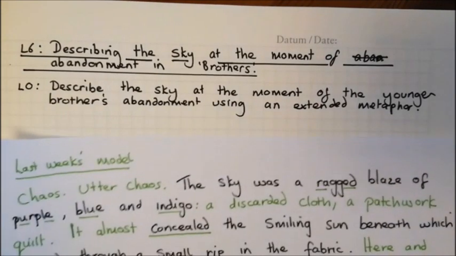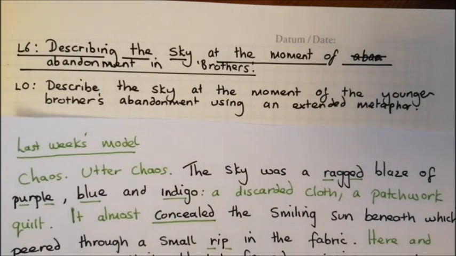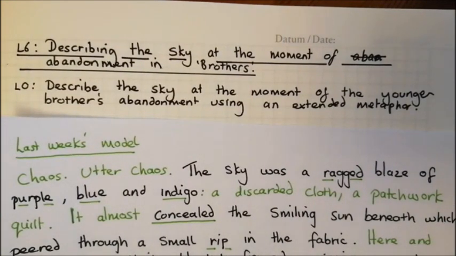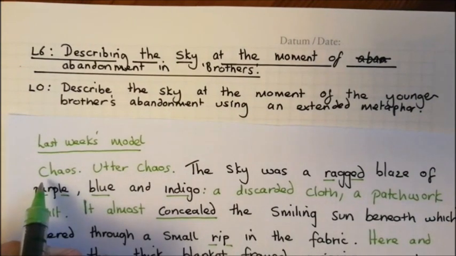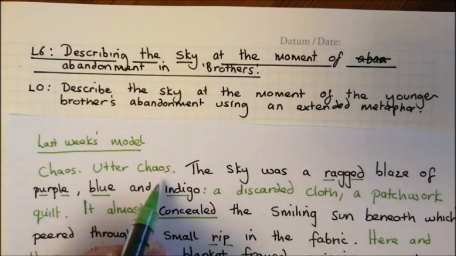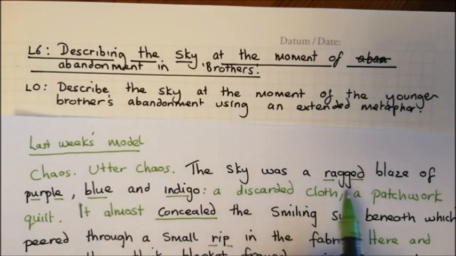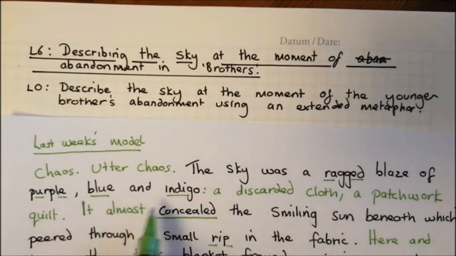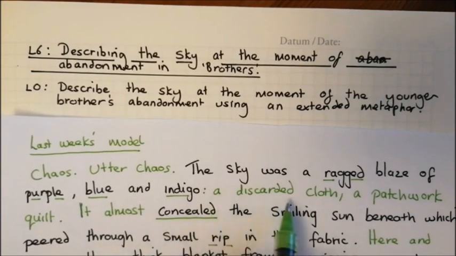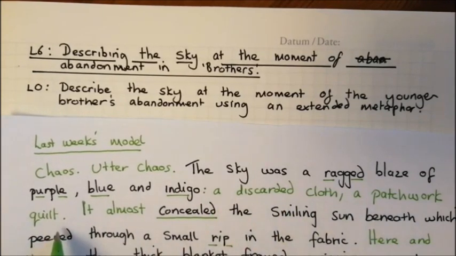And I just want to take us back to last week's model, just so you can remind yourself of the standard that we're working towards. So last week's description of the sky went a little bit like this: chaos, utter chaos. The sky was a ragged blaze of purple, blue and indigo. A discarded cloth, a patchwork quilt.